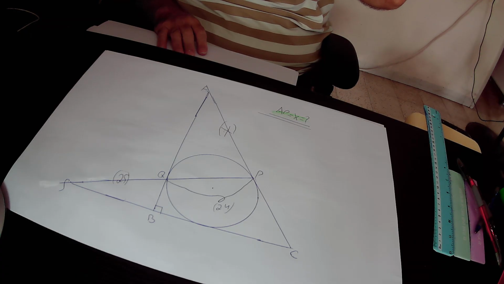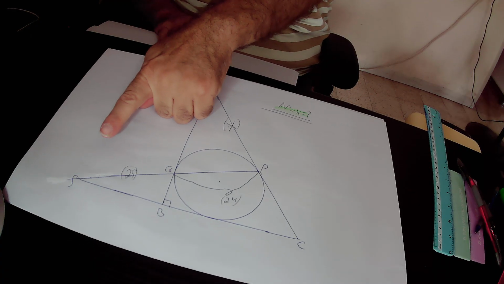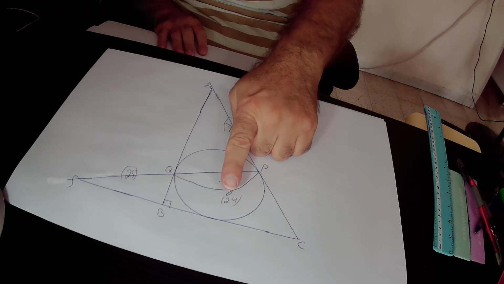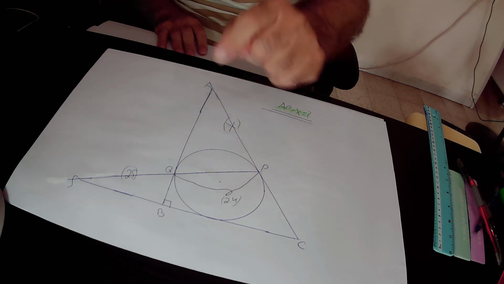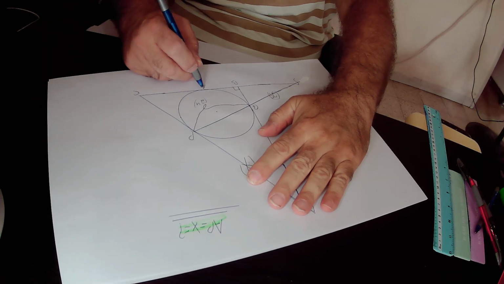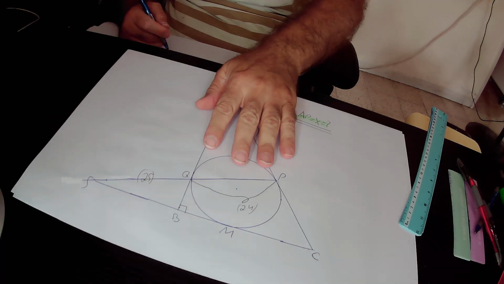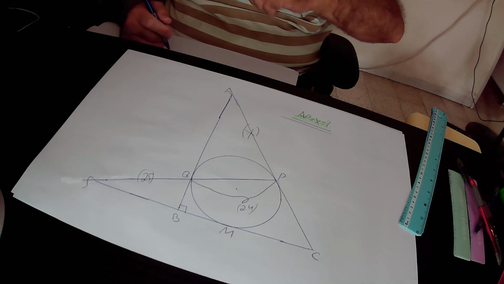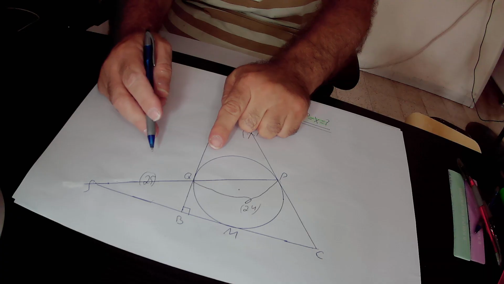In addition, we know that from point S we have a tangent to this circle at this point. We define the point of tangency as M. Again, SM is a tangent to the circle at point M. In addition, we know that line segment QS equals 25 units in its length.